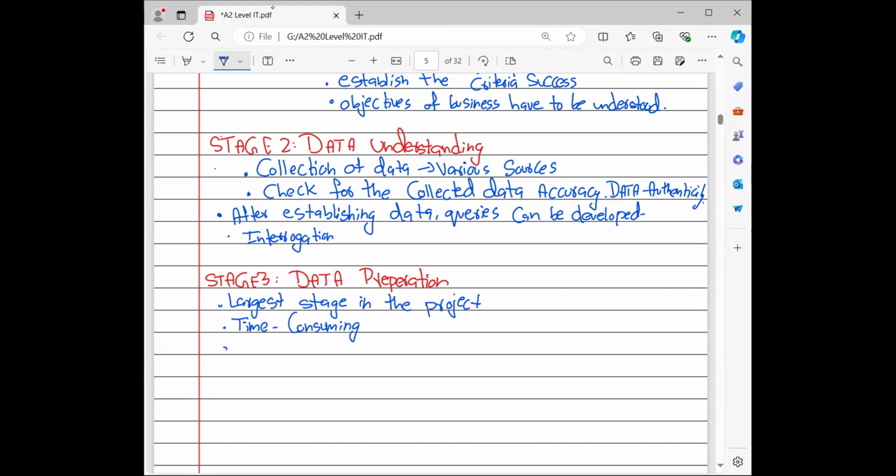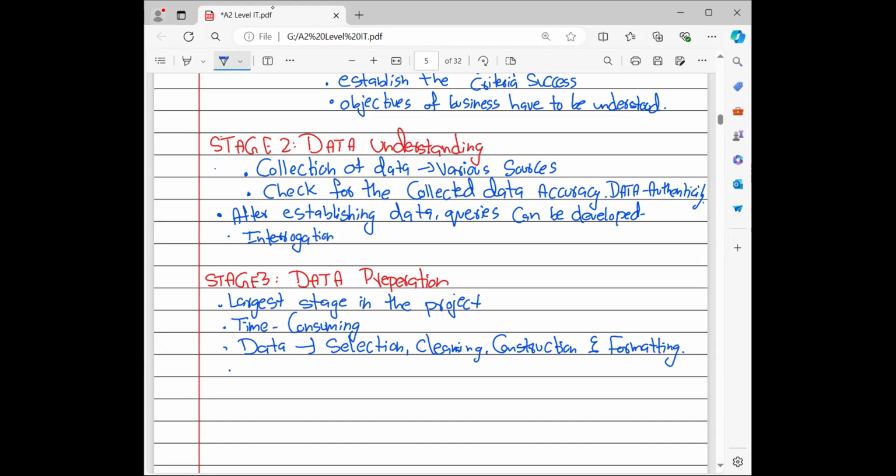During this stage, you need to take your data through the process of selection, cleansing, construction, and formatting to make sure that it is in the required format or not.